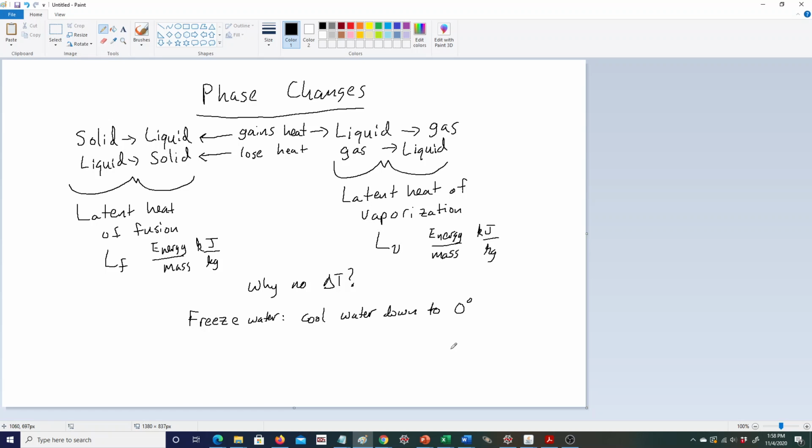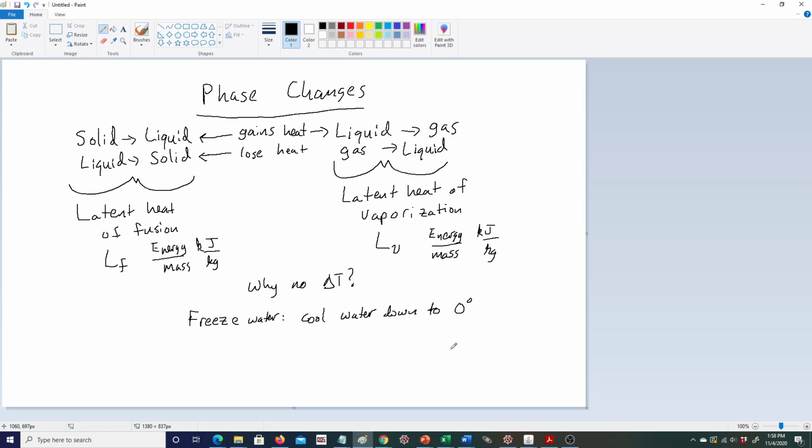Set it in the freezer flat and take it out every, say, 30 minutes or so. You'll notice that the water tends to freeze from the top down. It doesn't freeze uniformly. That's because energy is escaping more easily from the top than it is from the sides.